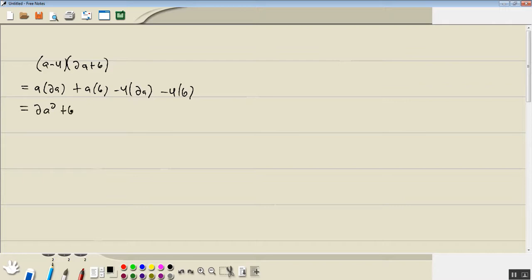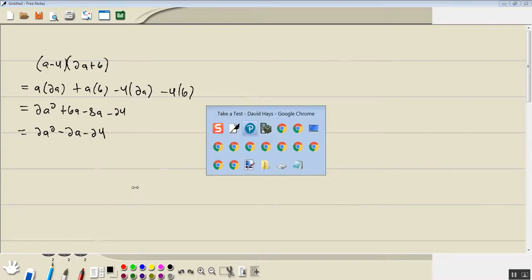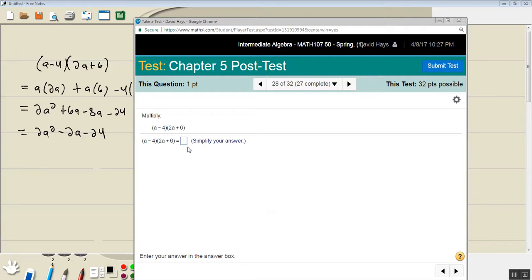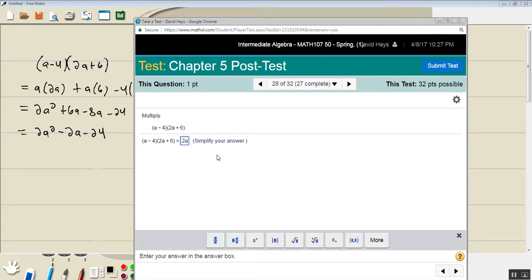A times 6 is 6a. Negative 4 times 2 is negative 8a. And negative 4 times 6 is negative 24. So we're going to have 2a squared, 6a minus 8a, combine like terms. That gives us negative 2a minus 24. So we've got 2a squared minus 2a minus 24.